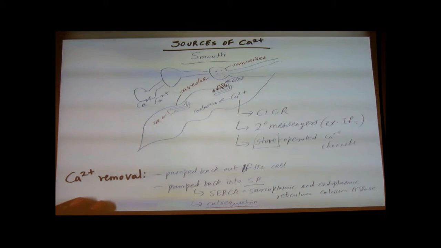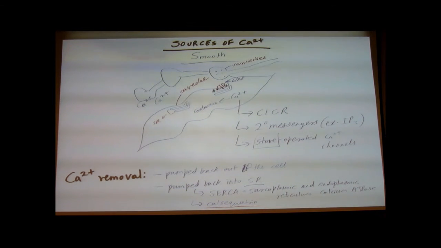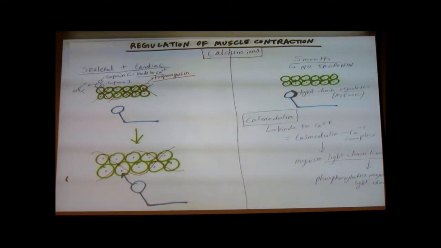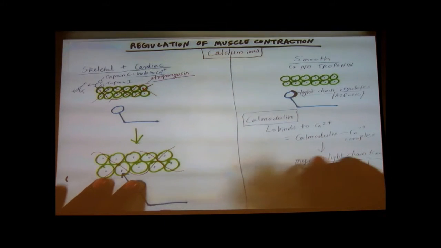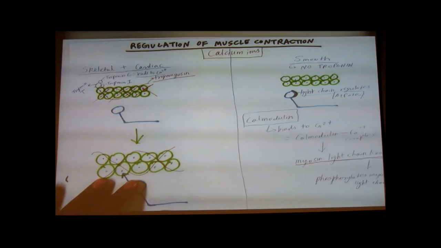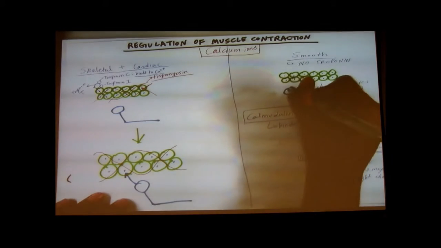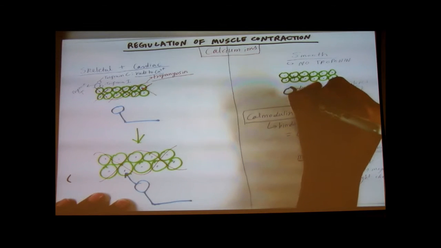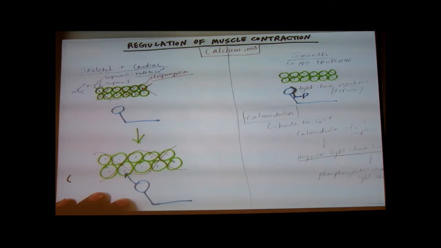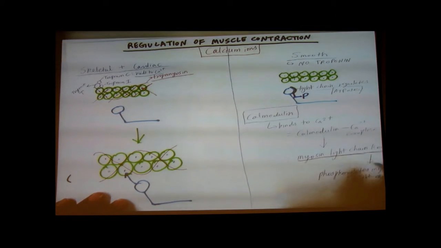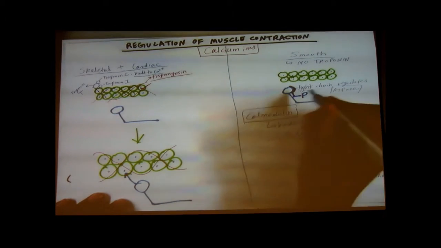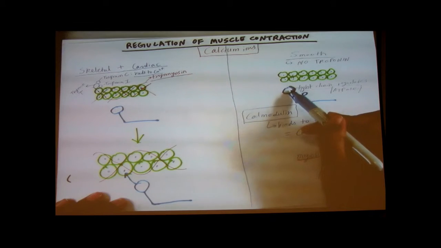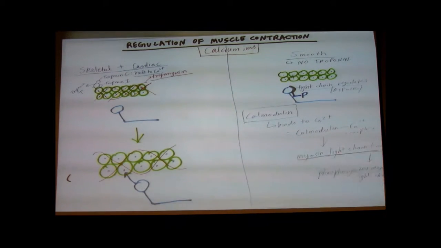But something special in the smooth muscle cells, if we go back to how they're contracted, is if you look at this myosin light chain kinase, and if you think of this light chain over here having a phosphate attached to it because this kinase phosphorylates it, and this phosphate is what activates this head to bind to the actin to make it contract.